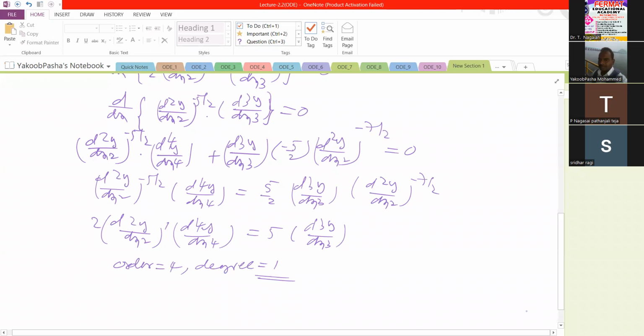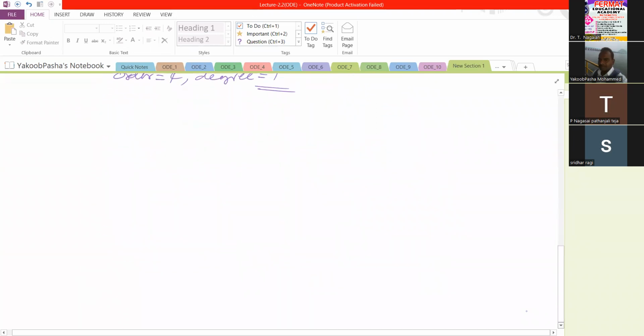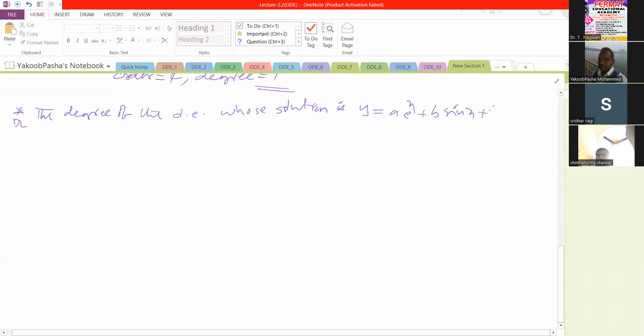And I am taking one problem from degree lecturers. This is from DL: the degree of the differential equation whose solution is y is equal to a into e power x plus b into sin x plus c into cos x.